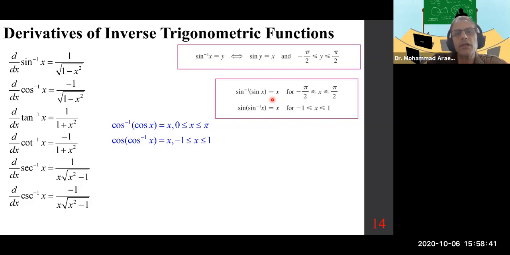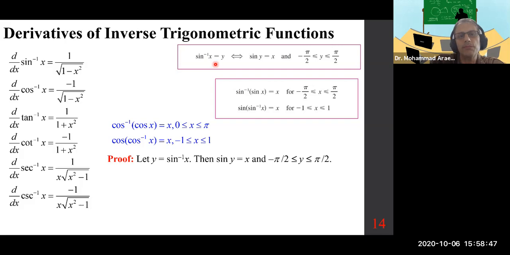So let's look at the first one as an example. Sine inverse x equals y. We want to differentiate that. Okay. So I'm looking at this one, sine inverse x equals y. That means sine y equals x. So I want to differentiate that, and I wouldn't know how to differentiate this one, but this one I can differentiate using implicit differentiation. So everybody, implicit differentiation.